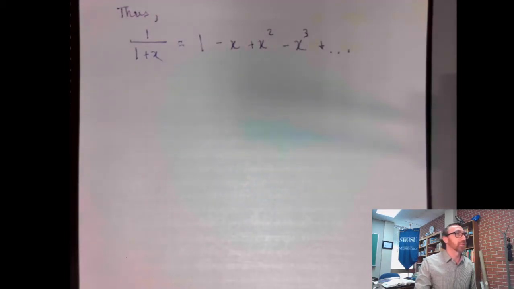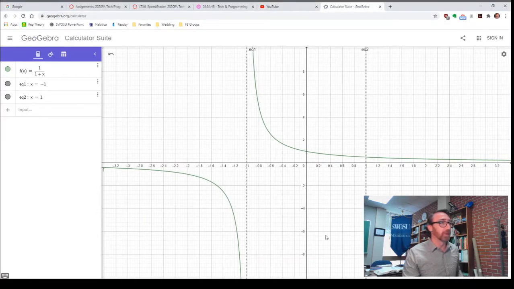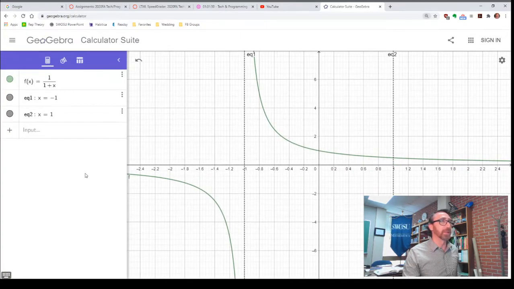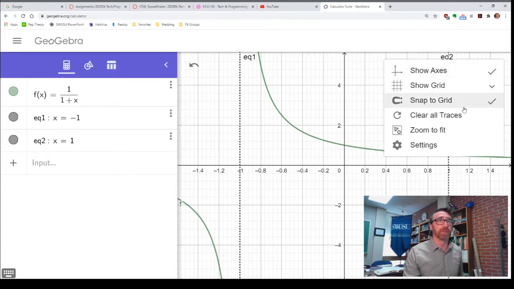Now I want to switch over to GeoGebra, just one sec here. Let me make that window nice and big. Okay, that kind of screws up what I did with the zooming in and making everything nice. Okay, I want to change my settings on this a little bit.